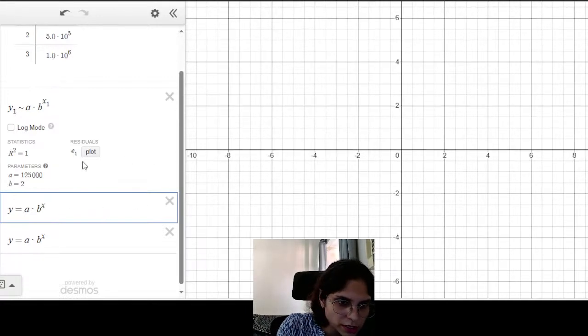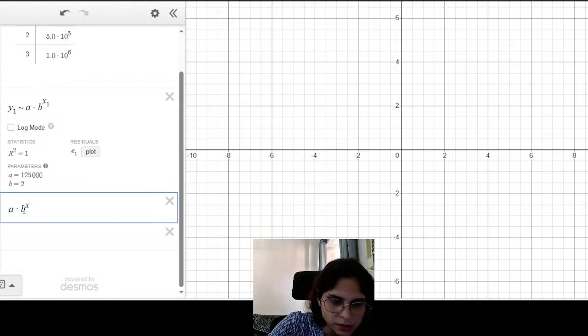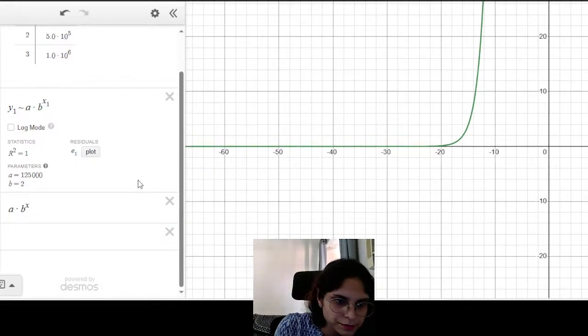Why am I not getting anything? Let me just write a times b to the power x. This graph also is not showing. Ah, it's here.